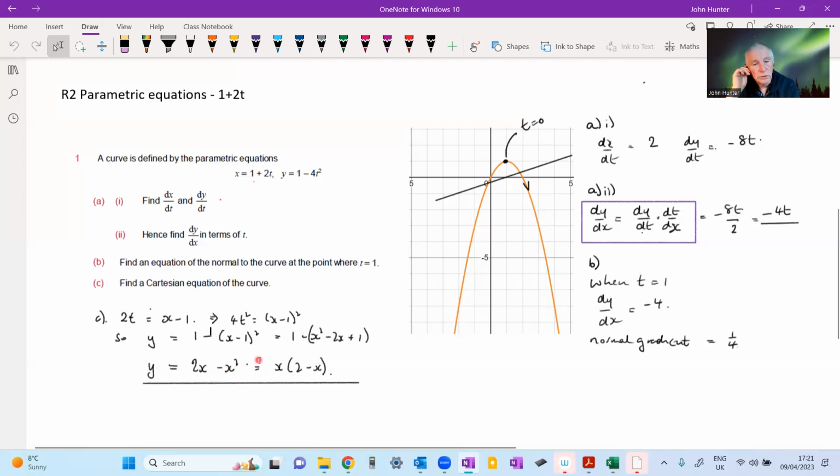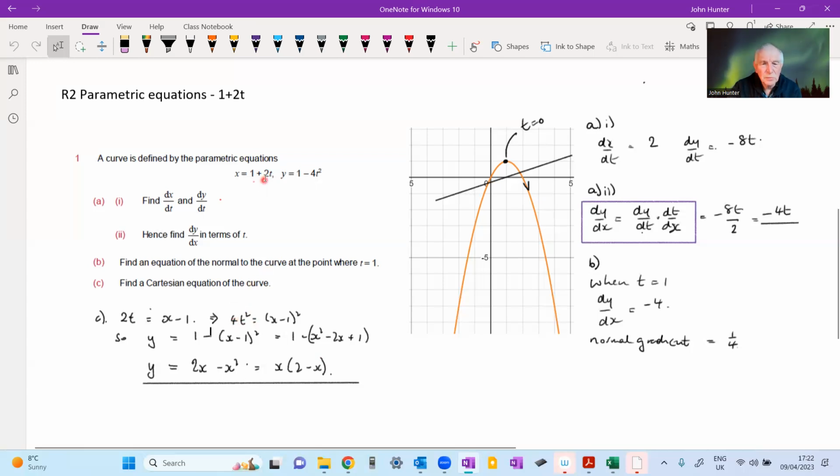So that looks okay. Now, incidentally, with these questions there is a temptation to try and get two equations explicit in t. I mean, you could do that. It wouldn't actually be too difficult here, but we don't really need to. What we're effectively doing is eliminating 4t squared.